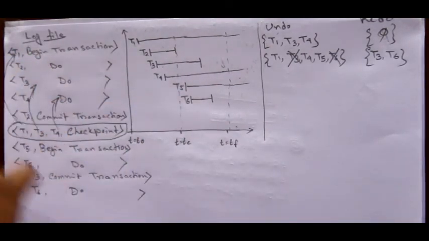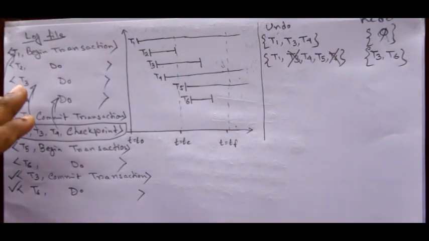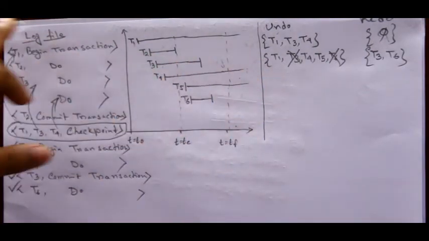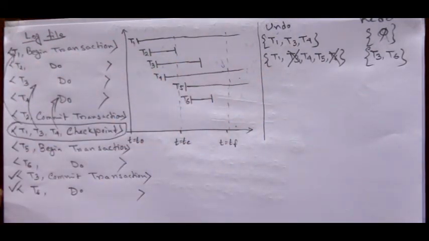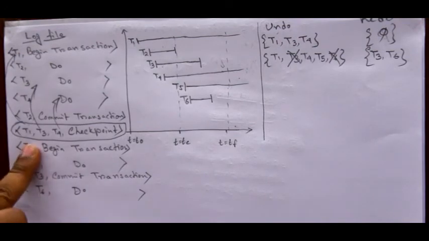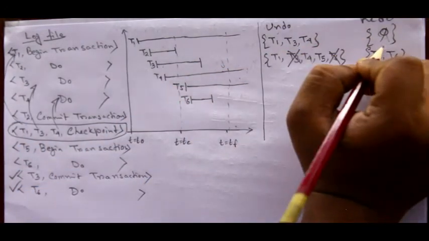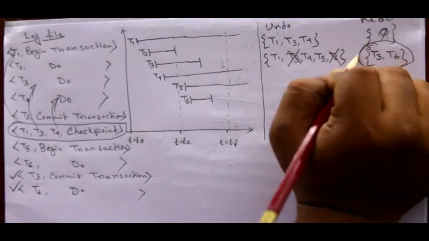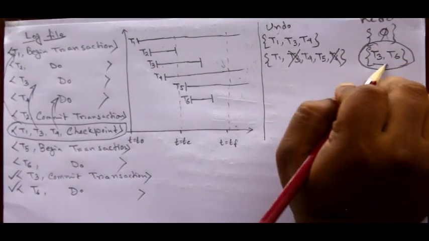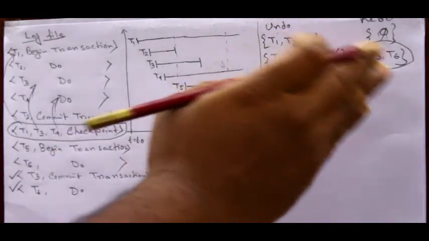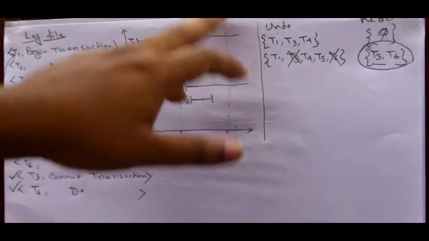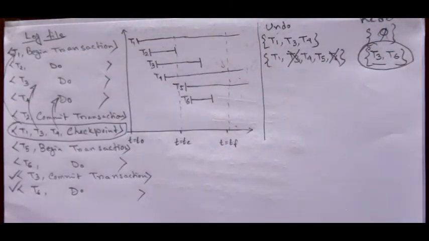That means you have restored or rolled back the failed transactions to their beginning stage, and start reading downward till the last checkpoint is encountered again, and then start redoing all the transactions belonging to the redo set. That means you have to redo the transactions from the redo set, T3, T6, because they have completed their task before system failure.